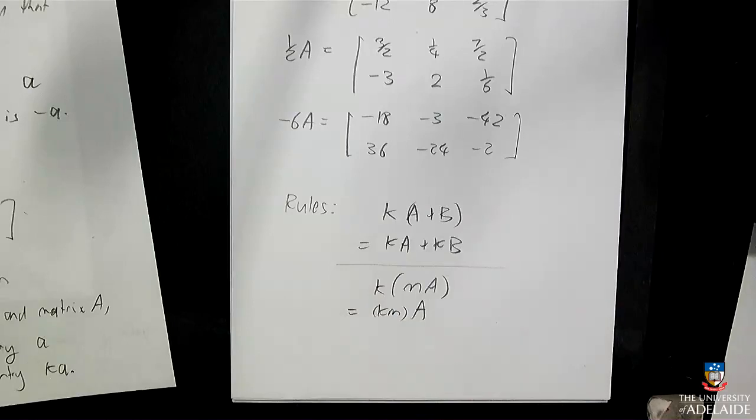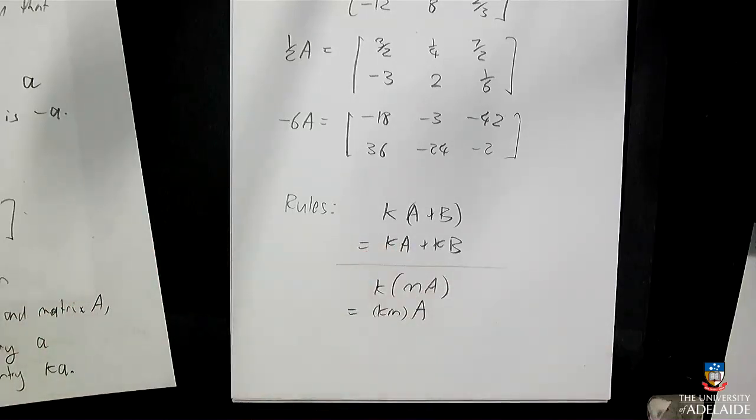It's just tradition when you do scalar multiplication to always put the number on the left-hand side. So we never write it on the right-hand side. That's just not how it's done. Okay, so there are our rules so far. They're sort of distributive law here.